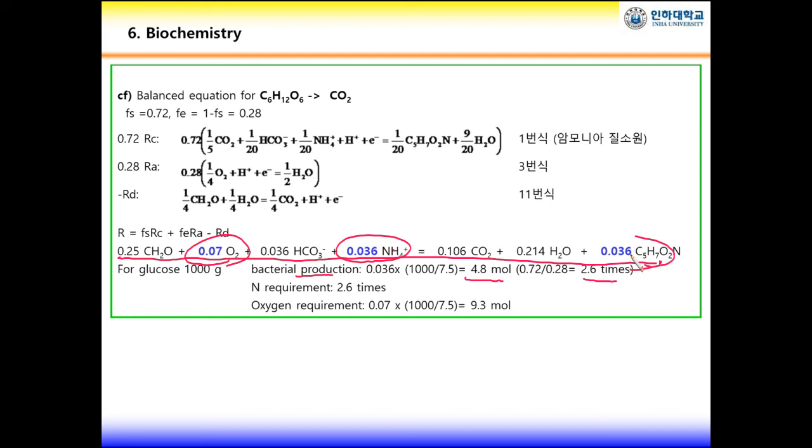As more cells are produced, 2.6 times, the nitrogen requirement also increases by that amount. And the oxygen requirement is calculated as 9.3 moles.